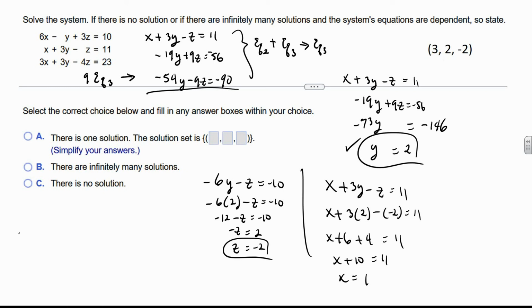Let's see. Let's check our answer. So let's check to see if x is 1, y is 2, and then z is negative 2. So I go to this equation up here. I get 6 times 1 minus 2 plus 3 times negative 2. What does that give us? That gives us 6 minus 2. That's 4. Minus 6. That means my x is wrong.